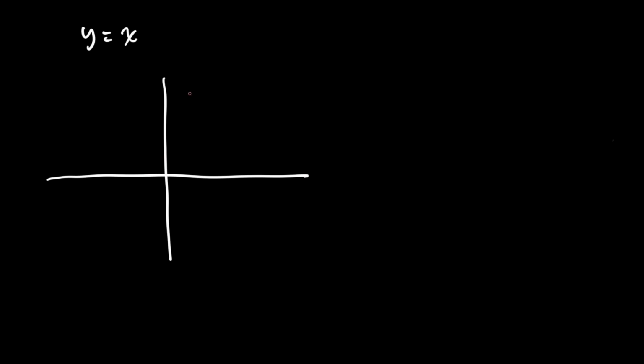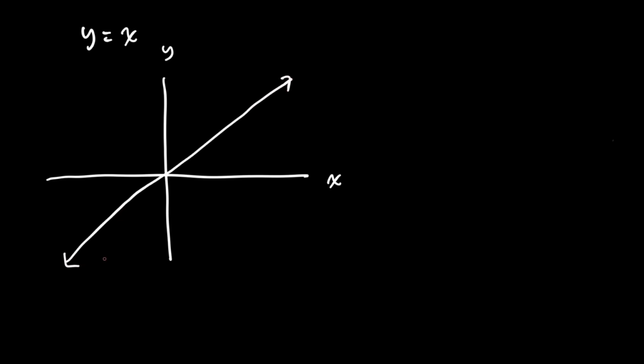Alright, let's look at the range of different graphs. Let's say we have the equation y equals x. So this graph will look something like this. We have a y-axis and an x-axis, and the line goes through the origin diagonally.